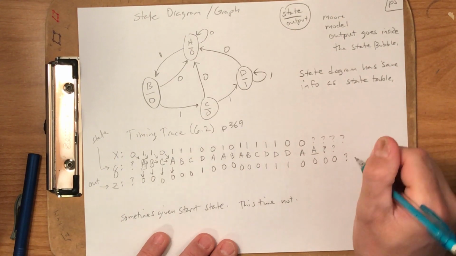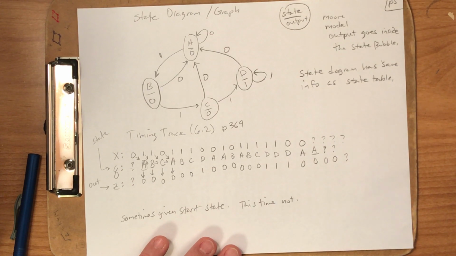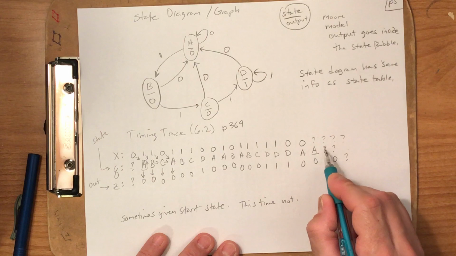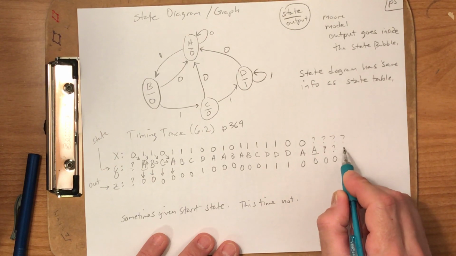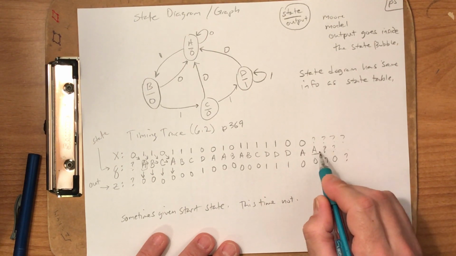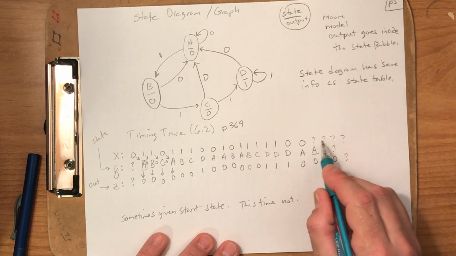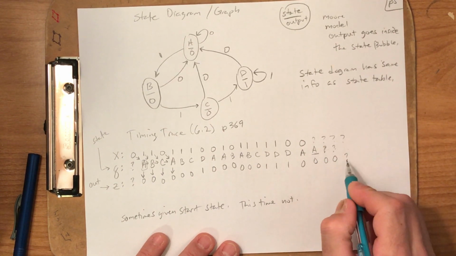And then here we don't know what the output is. Because we could go A, B, C, D. We could go A, B, A. If we go A, B, C, D, this becomes a 1. If we get any zeros in this bunch up here, then this would stay a 0.